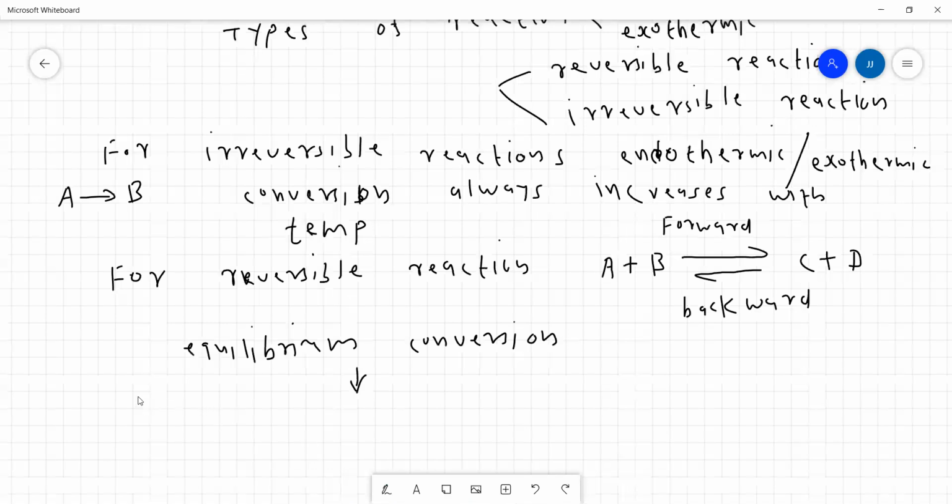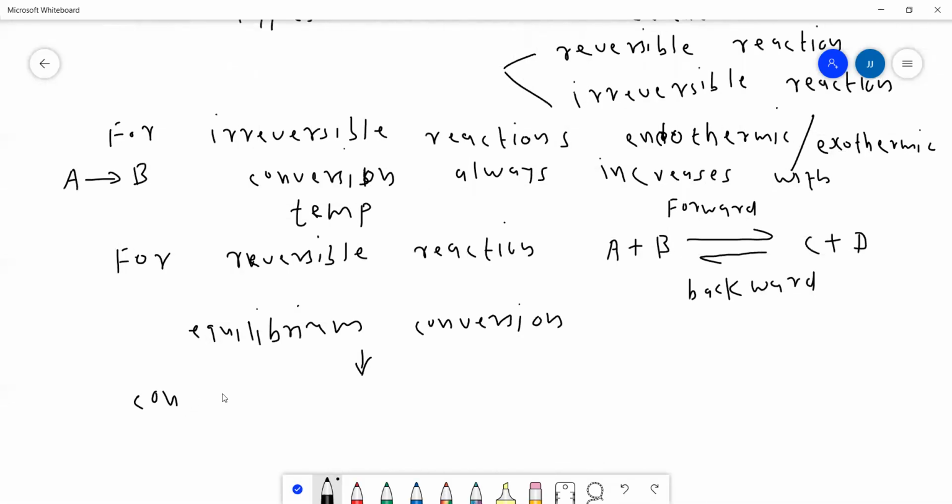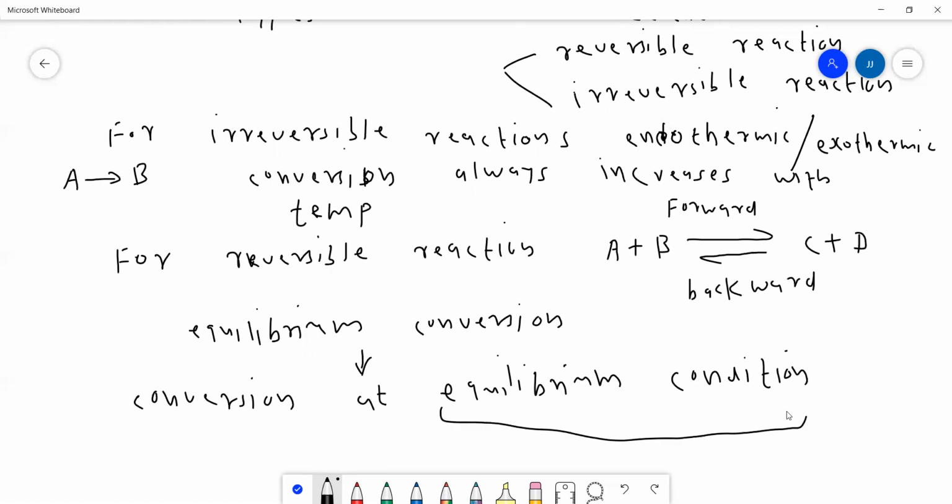Conversion at equilibrium condition. Then what is the equilibrium condition here?